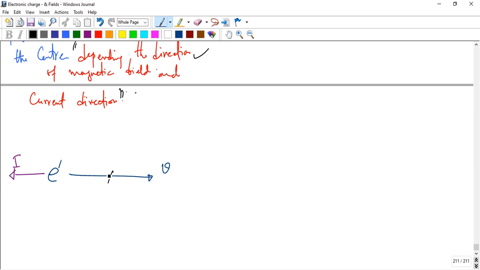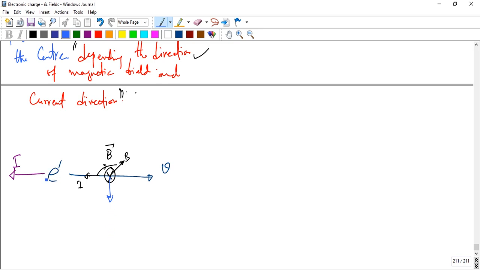Suppose there is a cross product magnetic field B, with the current in that direction. So I cross B, which means the force is in the clockwise direction. That's why the force goes in the downward direction.